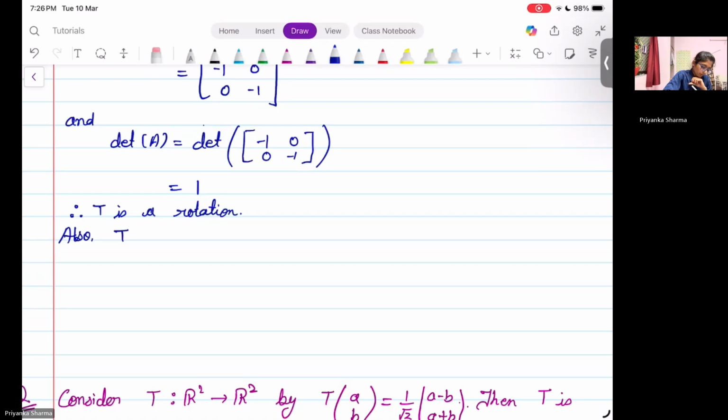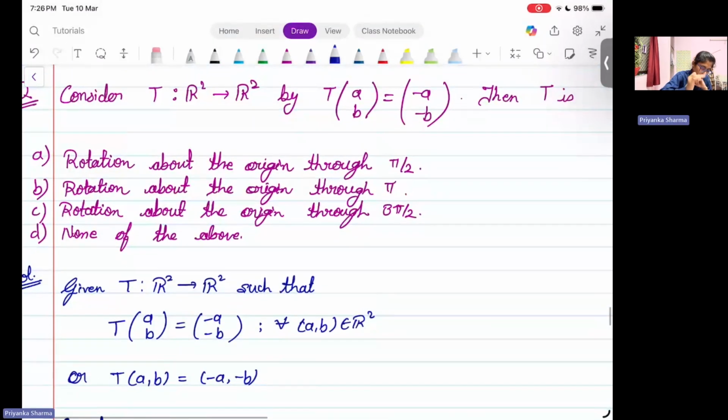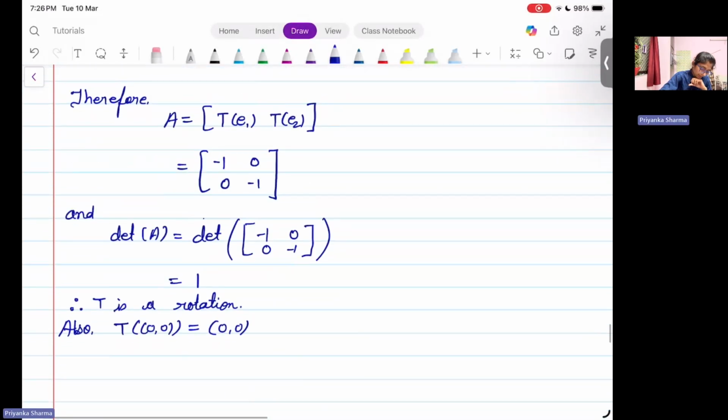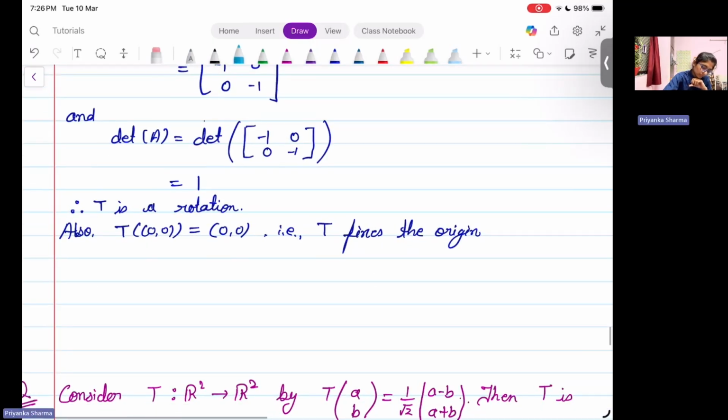Also see, what is T(0, 0)? This is (0, 0). By the definition of the map, it means T fixes the origin, or we can say the corresponding vector omega will be 0 in this case.